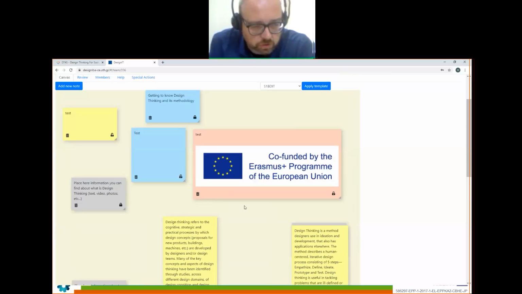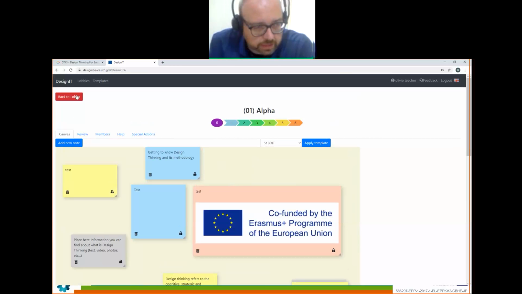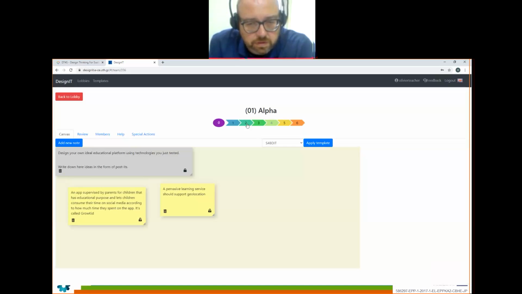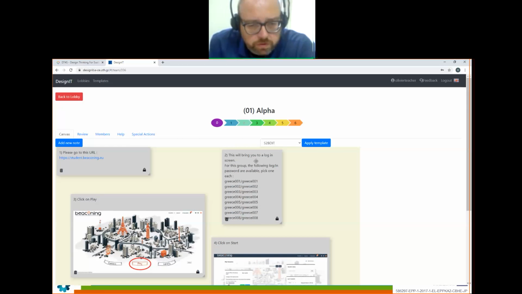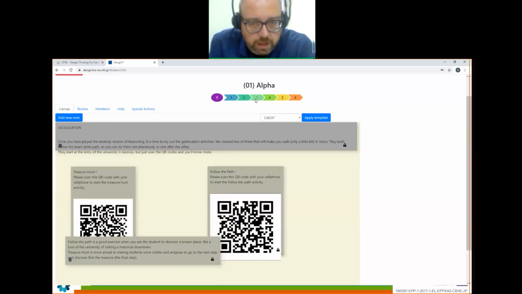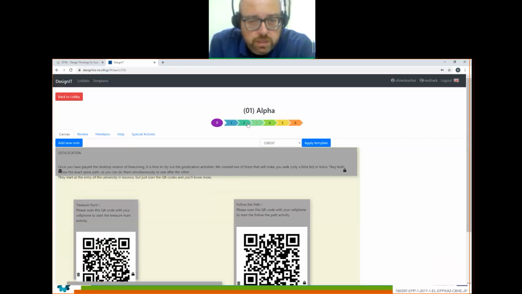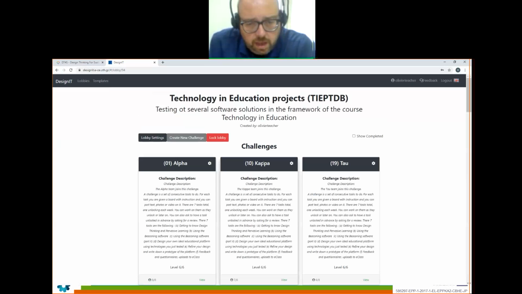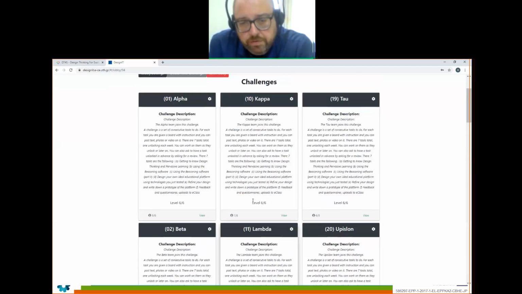So you have this as a student. You see the post-its, and you collaborate by putting post-its on the different walls. You have instructions that you can see, different levels with different instructions that you need to follow, etc. So that's how the process works on this platform.